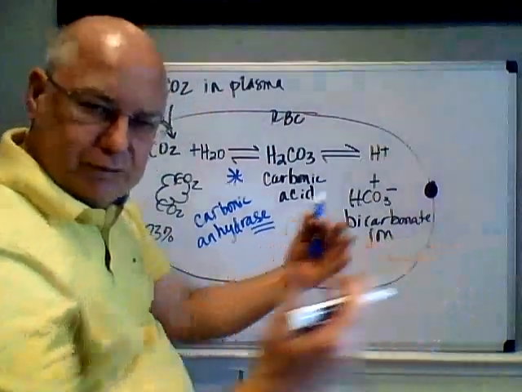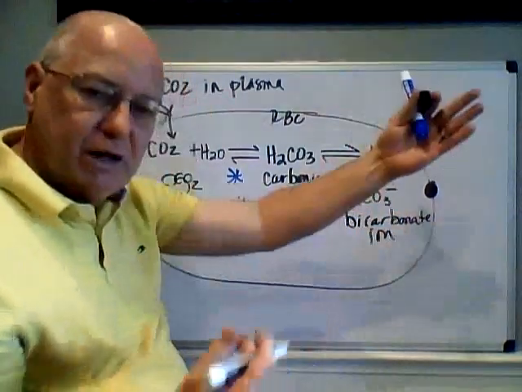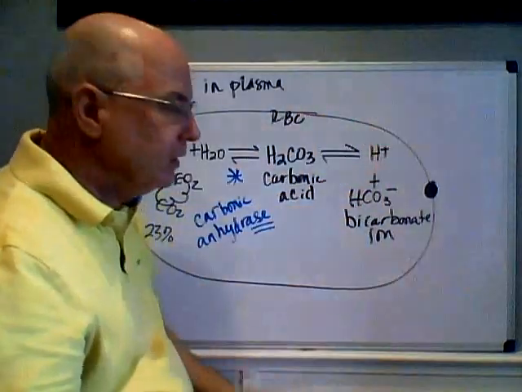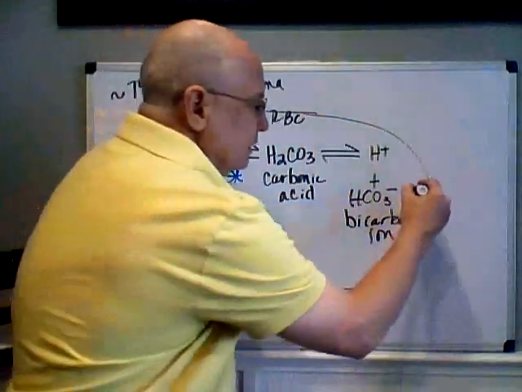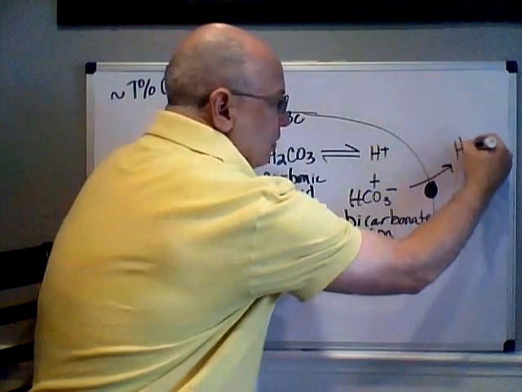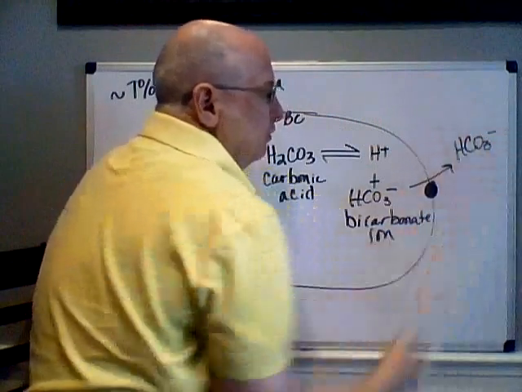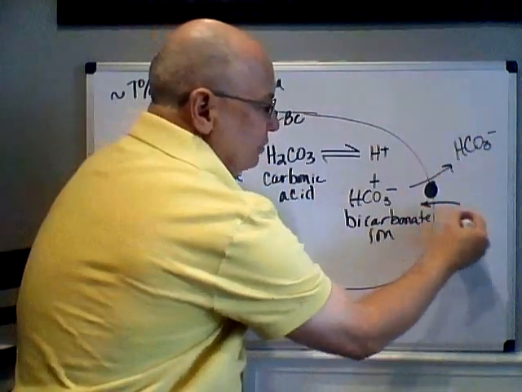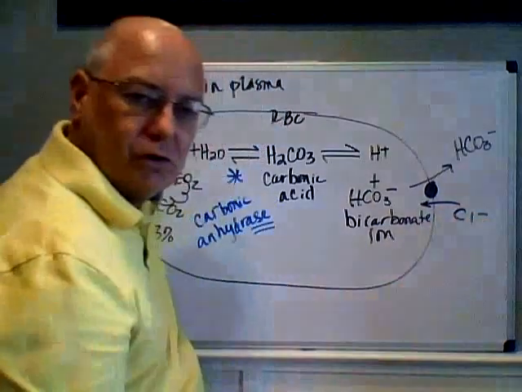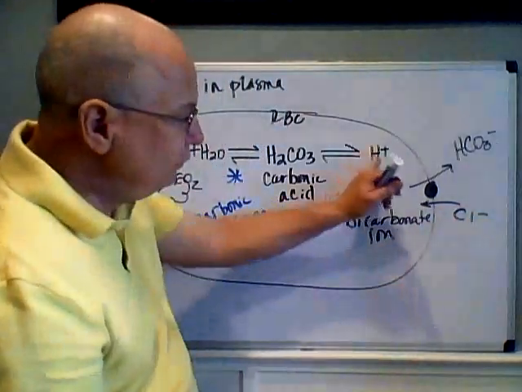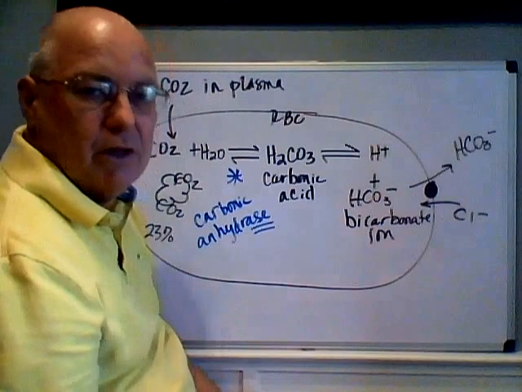We talked about sodium-potassium pumps, kicking sodium out of the cell, pulling potassium back in. This protein is going to kick bicarbonate ion out of the red blood cell and exchange it with another negative ion called the chloride ion, which could form hydrochloric acid.